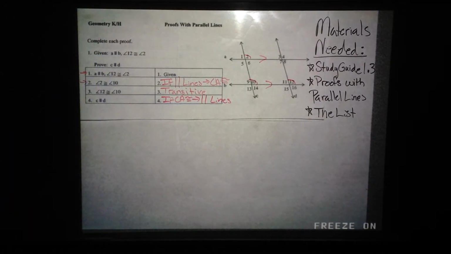Take a second to look at that, see how we did that. If you have any questions about how we got any of our steps, whether it's transitive or whatnot, please come to class with questions, and your teacher will gladly answer them for you. Now I'd like you to go to question number 3, and we will start that one shortly.